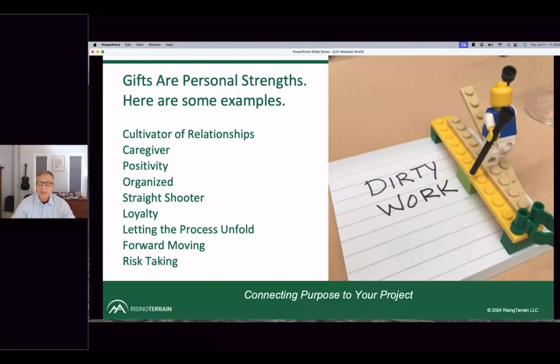So these are some examples from this work of different strengths, and you can see these aren't technical skills. These are ways of connecting with other people and helping a team move forward. And we've used in the past these models to help people think through that. I'll go through some other strategies. There's different ways of doing that.